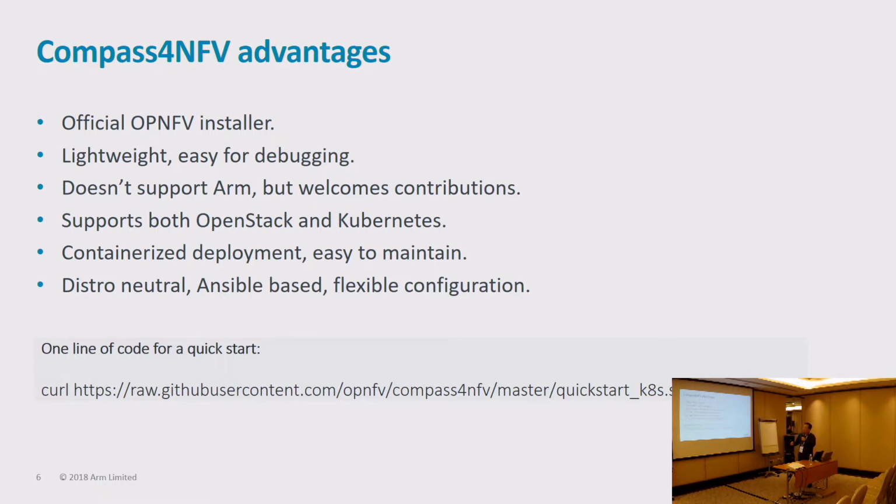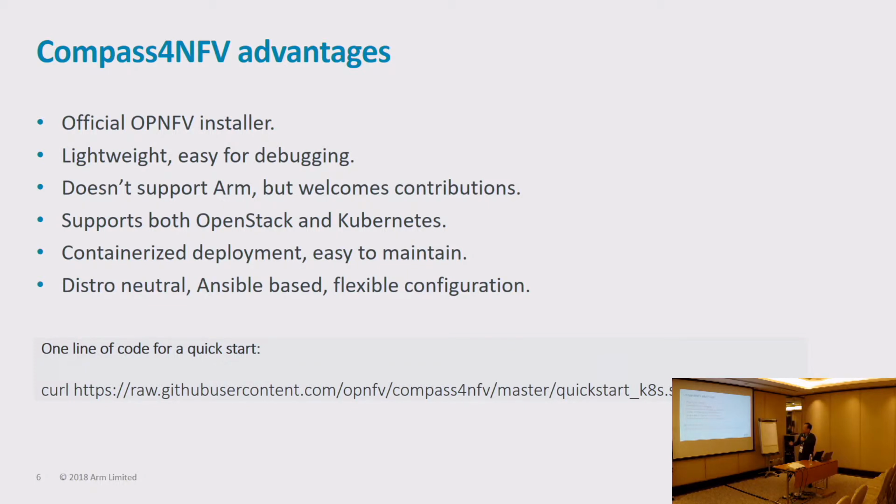So we made many contributions to the Compass4NFV project, and we make it work on ARM smoothly. It supports both OpenStack and Kubernetes. For now, we are focusing on Kubernetes, deploying Kubernetes directly on bare metal. So this is a perfect fit for our requirement.